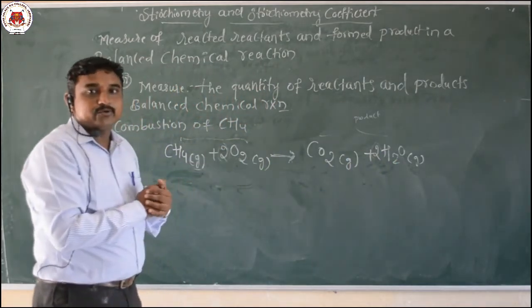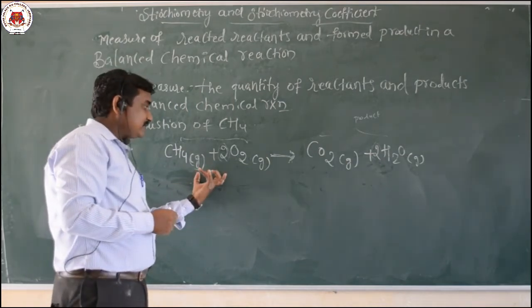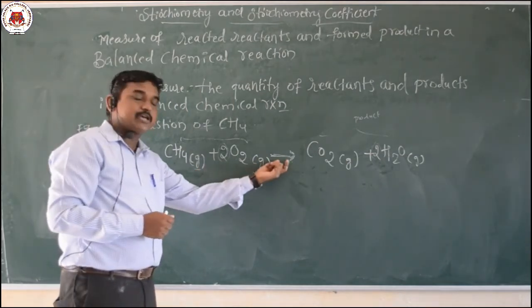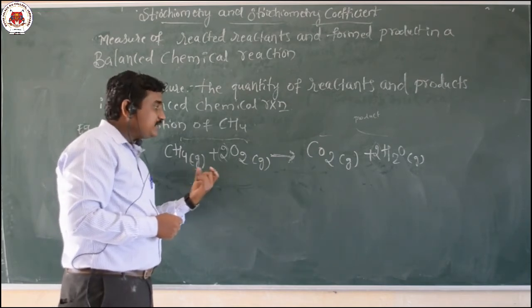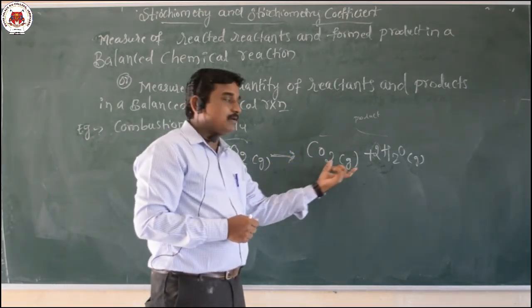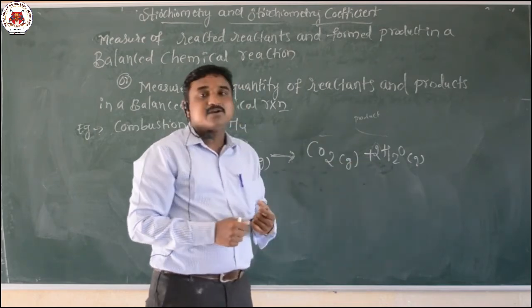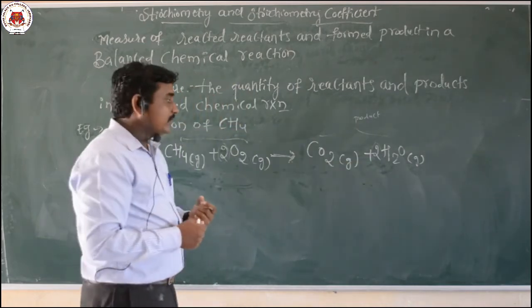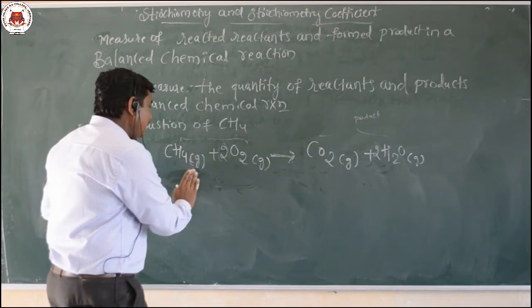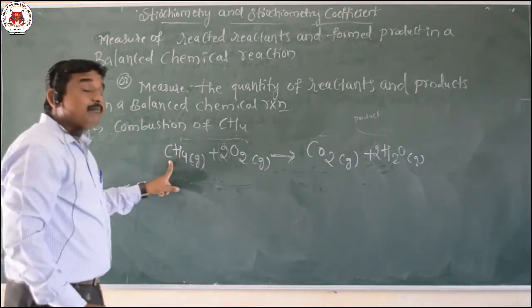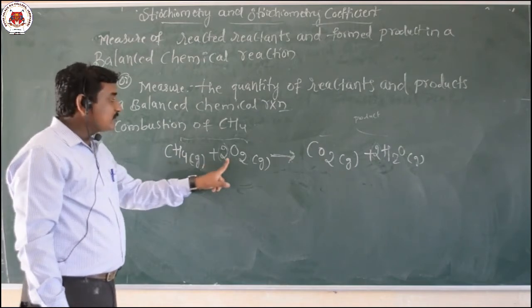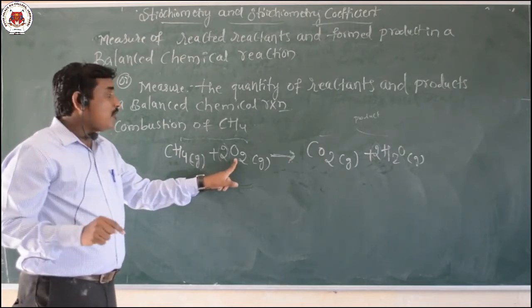Okay. So these are called stoichiometric coefficients. The species present on the left side of the arrow are called reacting species or reactants, and those on the right side are called products. Okay. This indicates that 1 mole of methane reacts with 2 moles of oxygen.